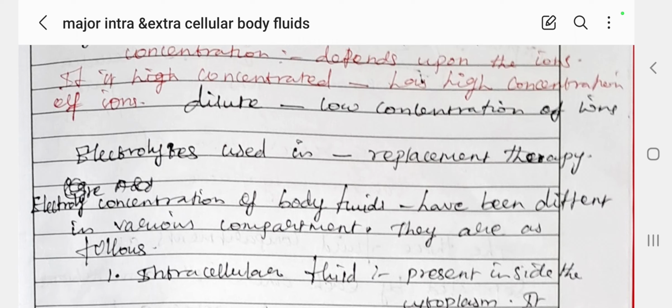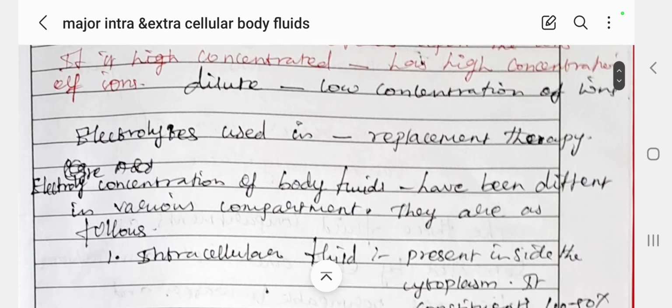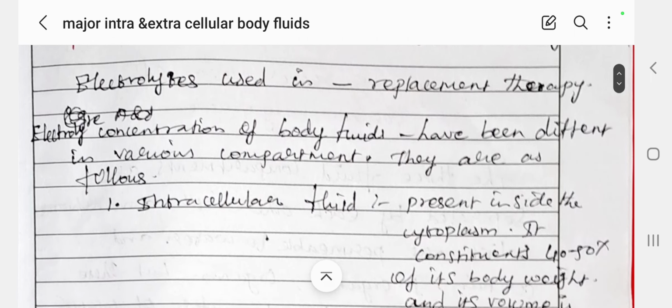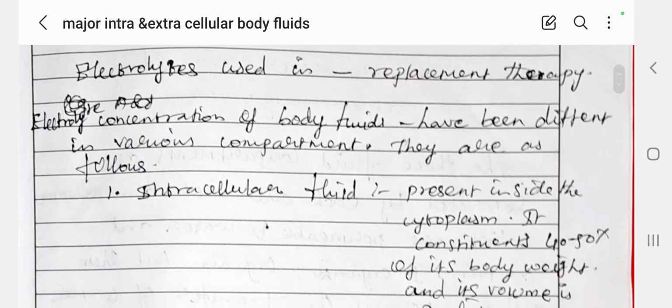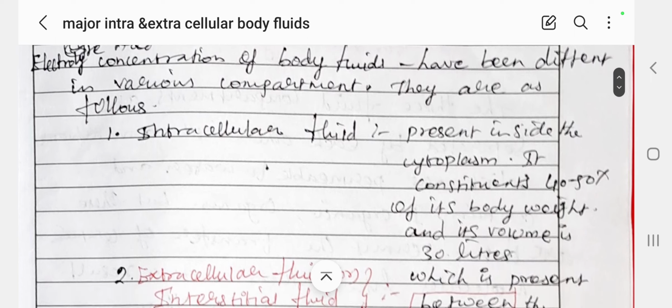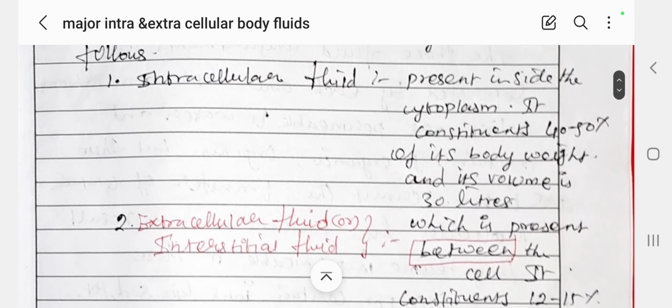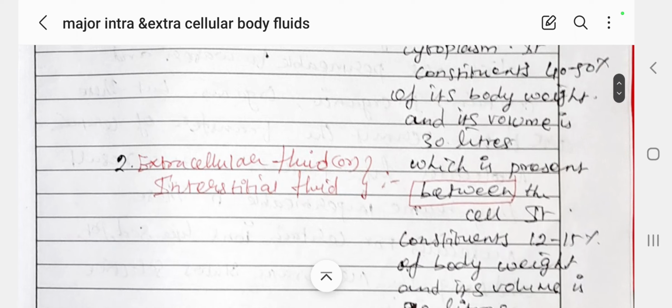Examples are acids or bases, protein, carbohydrate or blood products. These might be replaced externally. Okay, now we'll discuss what the different body fluids are in the various compartments. There are intracellular fluid and extracellular fluid or interstitial fluid.